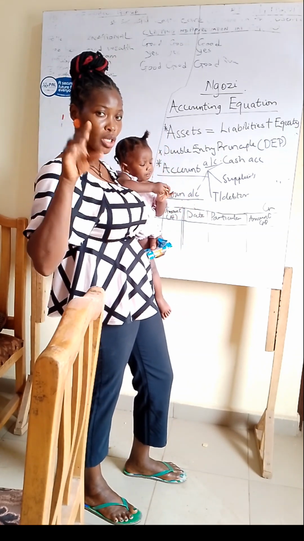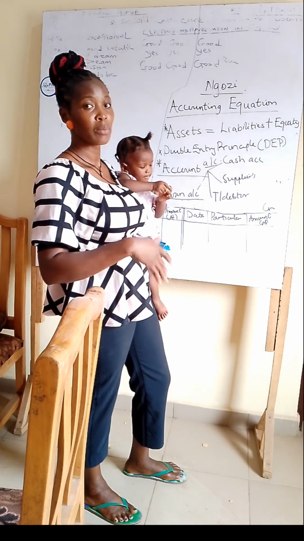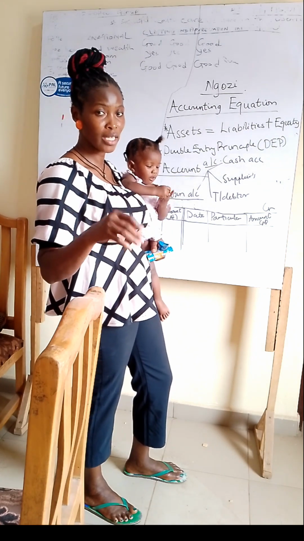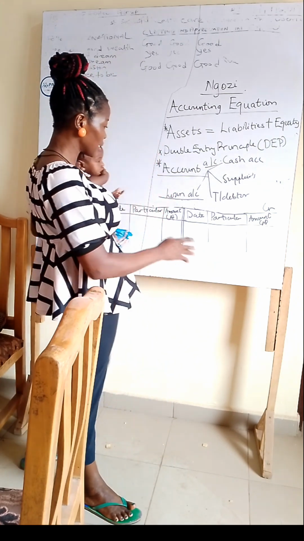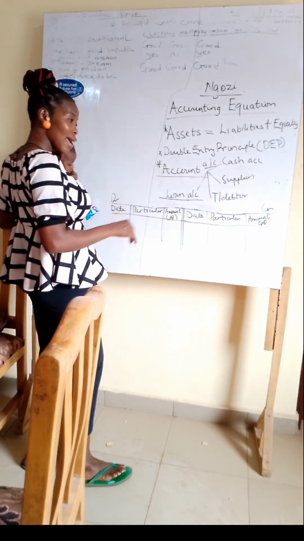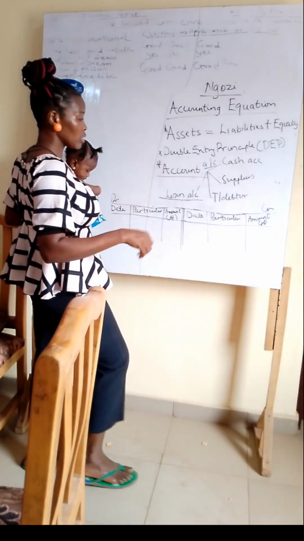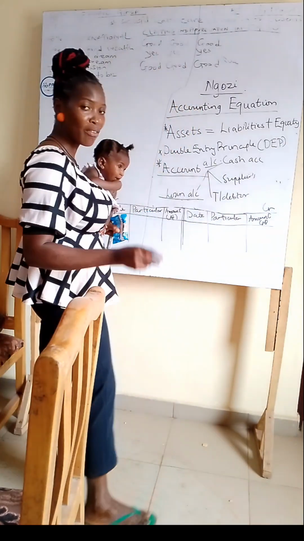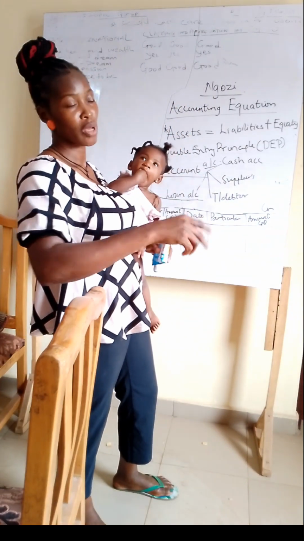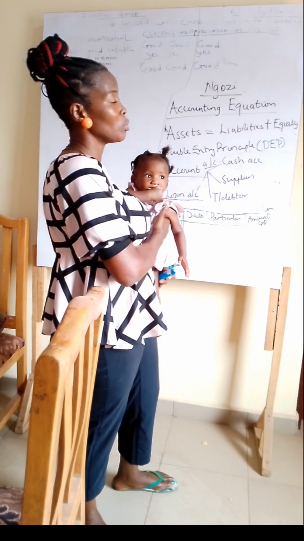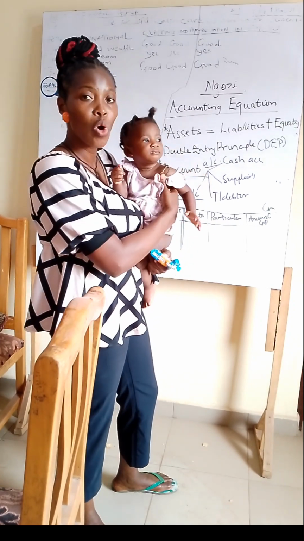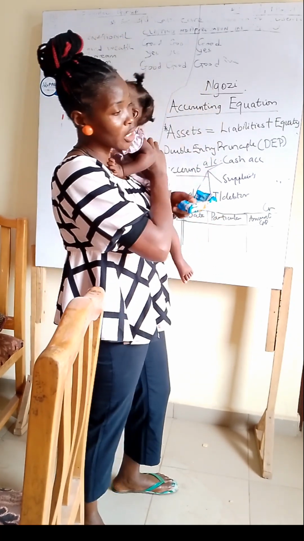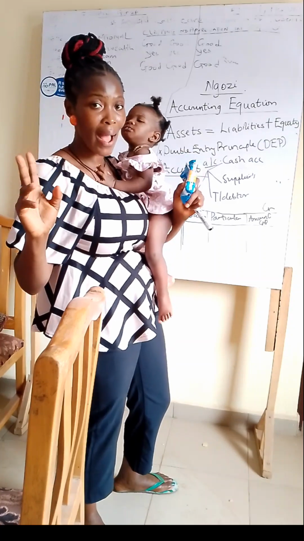But let me just recap. The double entry principle says that every transaction is recorded twice: one on the debit side of one account, and another on the credit side of another account. So that means every transaction that occurs in your business will have two accounts, because you're recording the transaction twice.